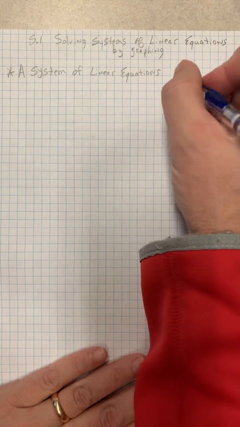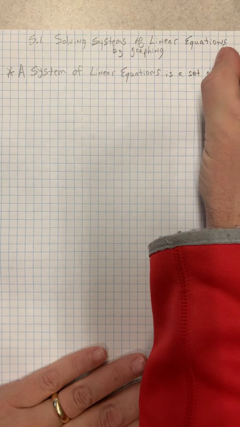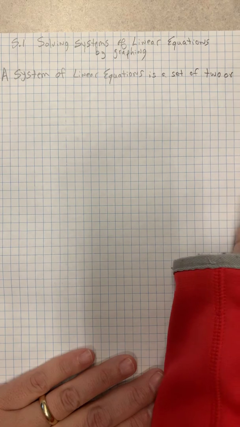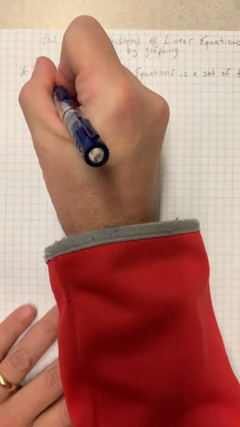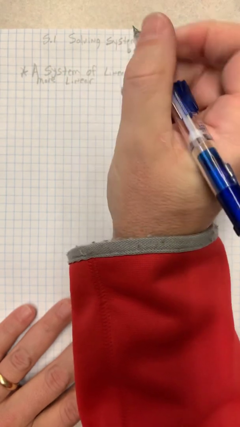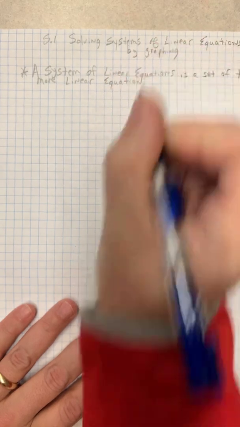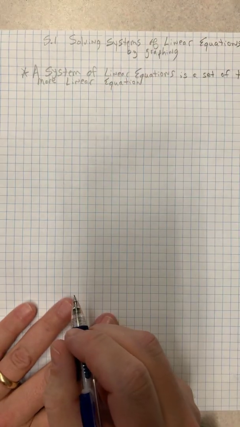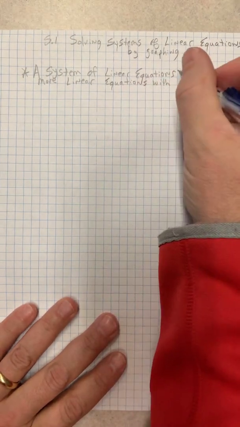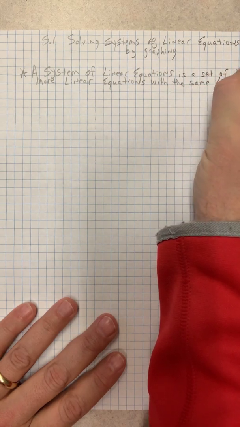A system of linear equations is a set of two or more linear equations, two or more linear equations with the same variables.